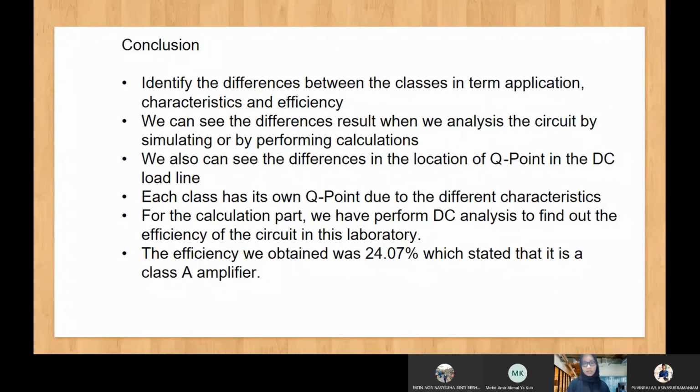We can also see the difference in the location of the Q point on the DC load line, because each class has its own Q point due to different characteristics. For the calculation part, we performed DC analysis to find the efficiency of the circuit in this lab. The efficiency we obtained was 24.07%, which indicates a Class A amplifier, since we learned earlier that Class A has from 15% to 25%.